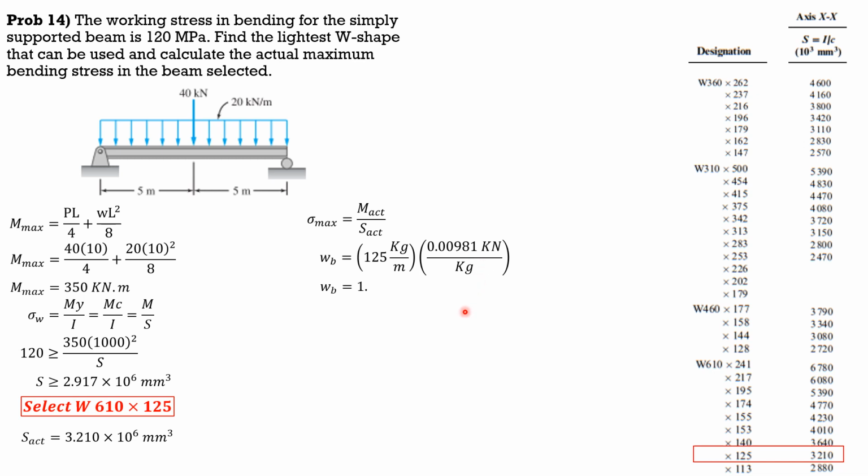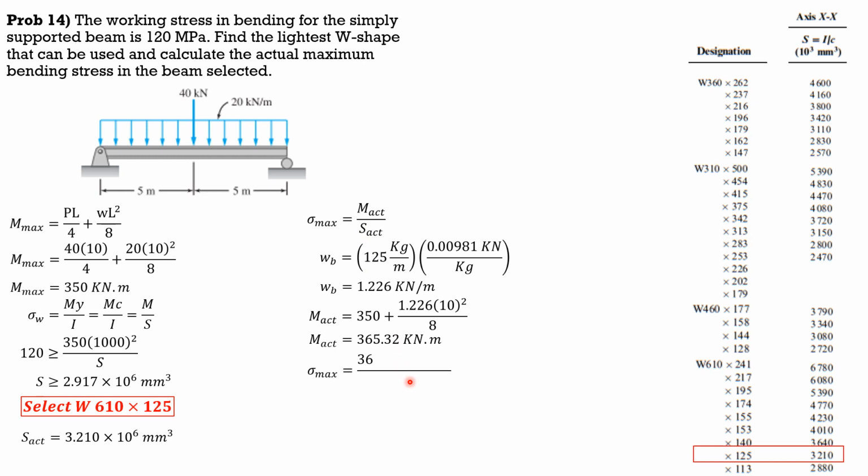So weight of beam is 1.226 kilonewton per meter. Therefore, the actual moment is 350 plus W of beam, L square, 10 square over 8. So moment actual is 365.32 kilonewton meter.